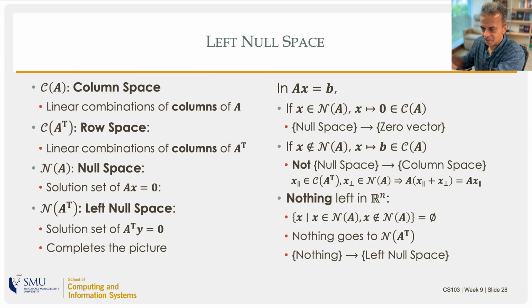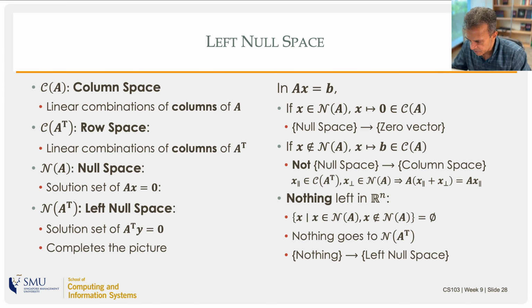A large part of the output space, Rm, may not be reachable by the action of A. So don't think of the left null space as being empty. It is highly non-empty, but there's nothing that goes into that space from the input side. Nothing gets mapped there other than the 0 vector. Nothing goes to the left null space.